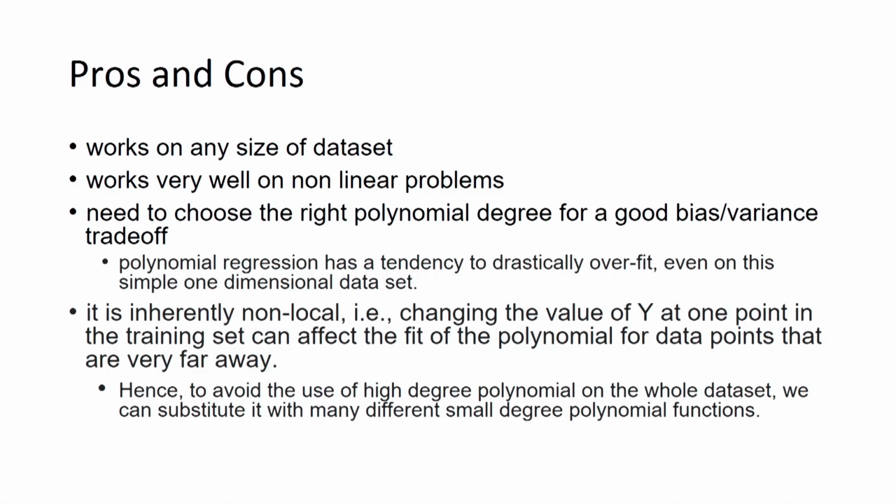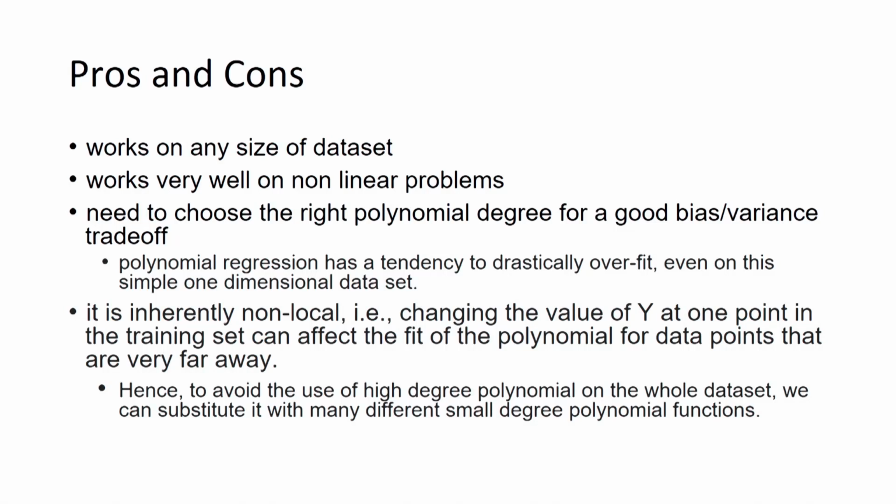Now we will see pros and cons of polynomial linear regression. First of all, it works on any size of data set. It works very well on non-linear problems, and that is why we are using it, otherwise we could use multiple linear regression also. Then we need to choose the right polynomial degree for a good bias variance trade-off.